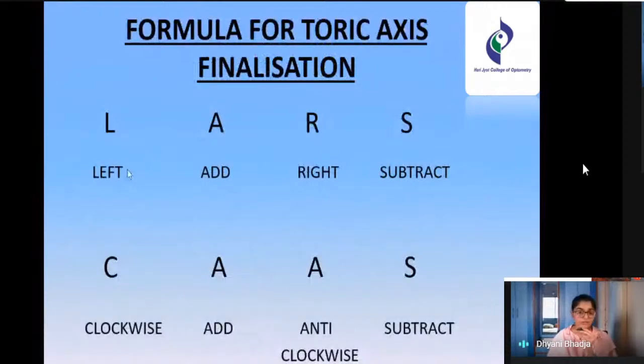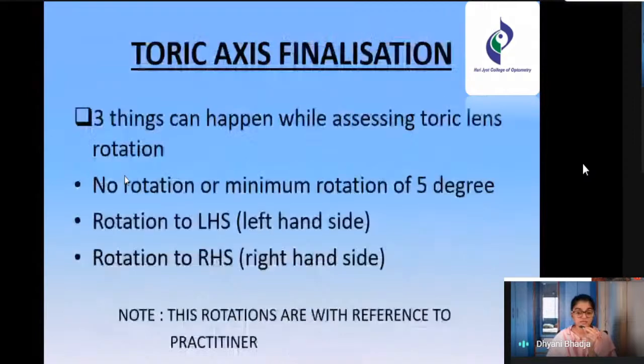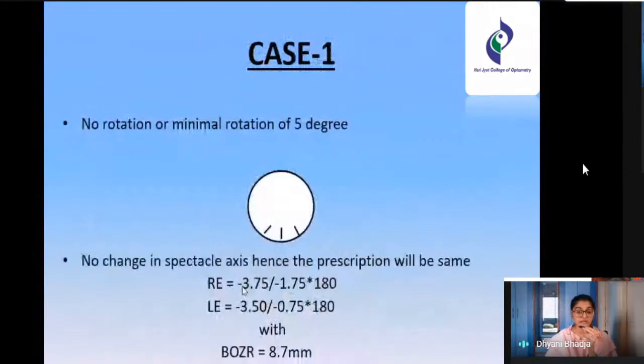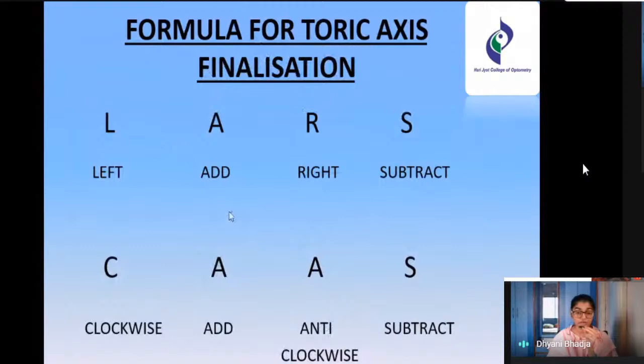Formula for toric axis finalization: CAST, clockwise add, anti-clockwise subtract. What it means is, if the axis markings rotate towards the left hand side, then we have to add the amount of rotation to the spectacle axis, not to the trial lens axis. And if these markings rotate toward the right side, then we have to subtract the amount of rotation from the spectacle axis.